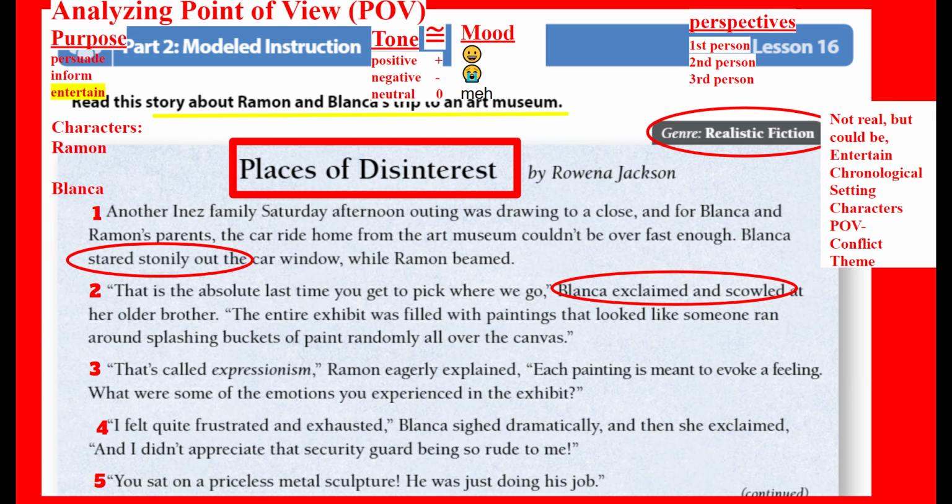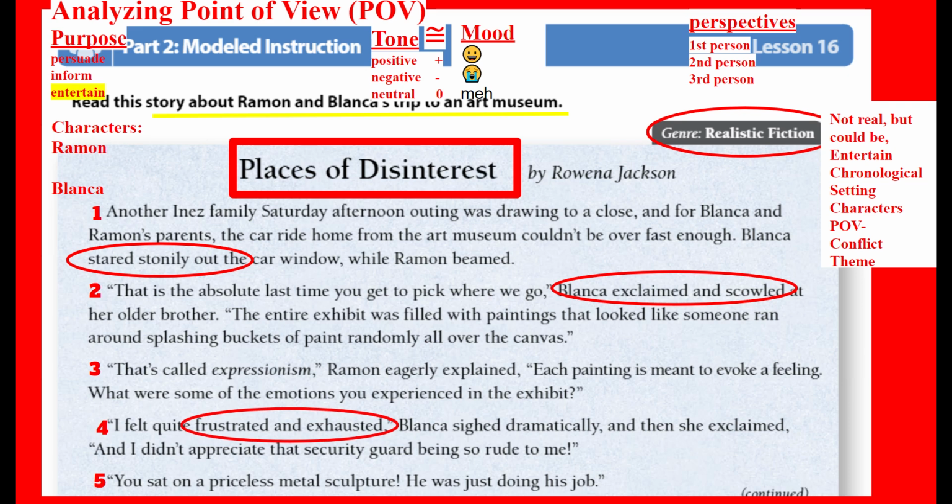So if you scowl at someone, that means that you kind of twist up your face, and you do not look very happily at them. You are frowning, and maybe your forehead is creased, and you are not happy. So that's something that Blanca is doing. She's scowling, right? And because she does that, we can infer that she's not a very happy camper right now.